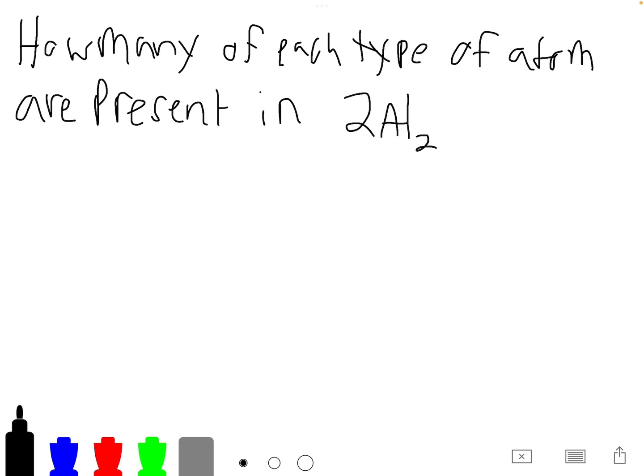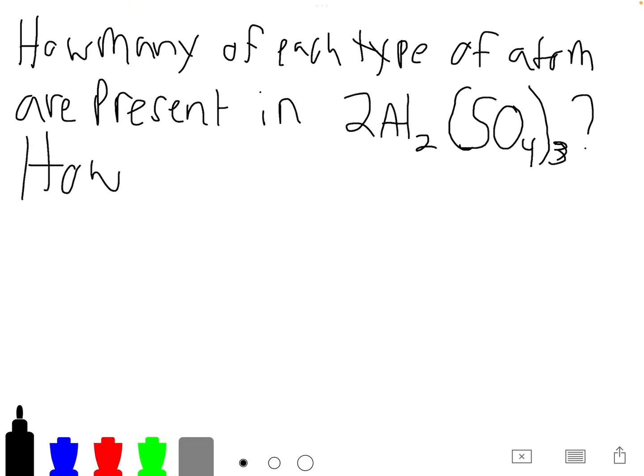That's a coefficient 2, and then it's 2 aluminum. Sulfur, oxygen, is it 3? Okay. And then how many total atoms are present? So that's what we'll use. This is what we'll use the order of operations for.